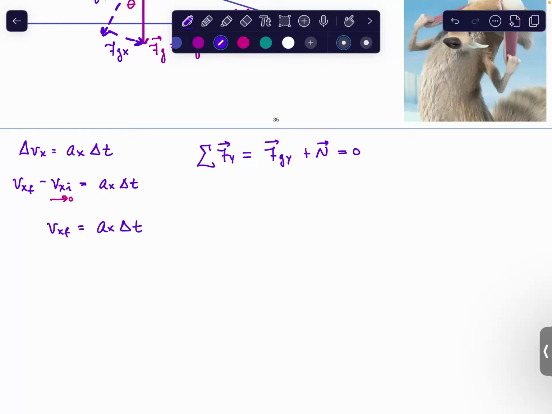We set our direction so that normal force is positive. Gravitational force in the y direction is negative. And then if we go ahead and put this in as our component, we don't know what the gravitational force is, so we can make one more substitution.